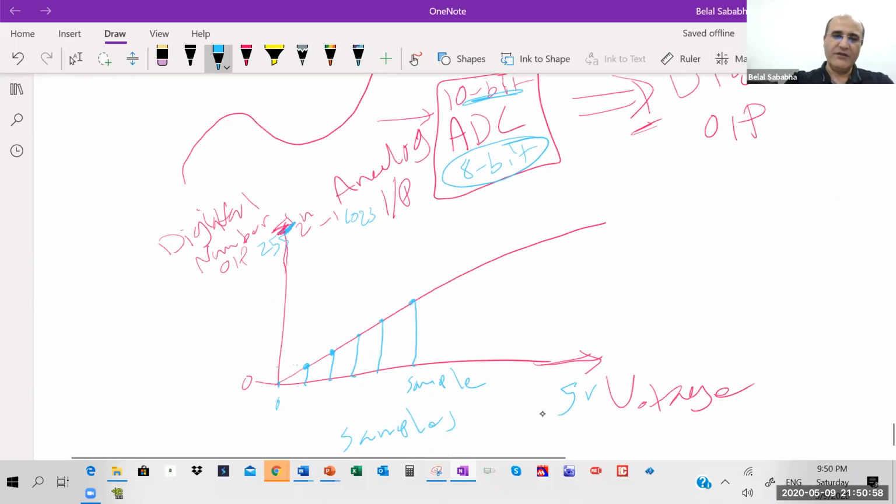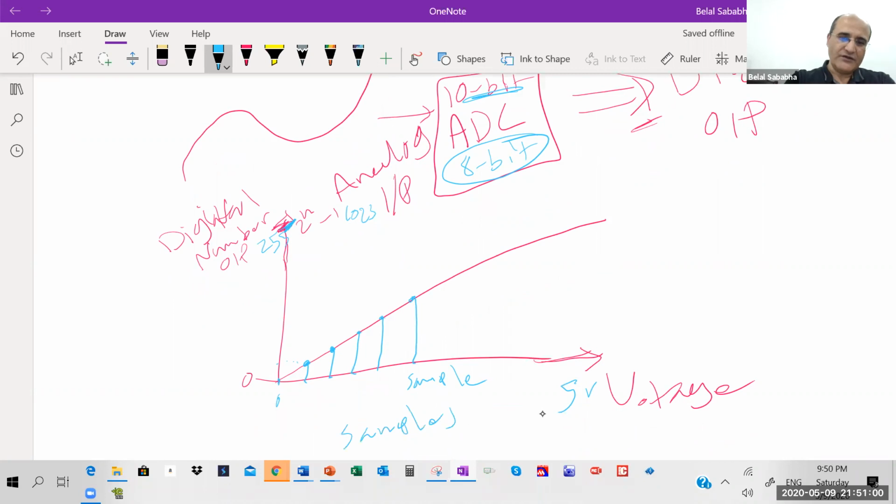So these are 0, 1, 2, 3, 4, up to 255. In binary, that is 8 zeros, then 1, then 2 is 0 1 0, and so on. The last one, 255, is 8 ones, right?